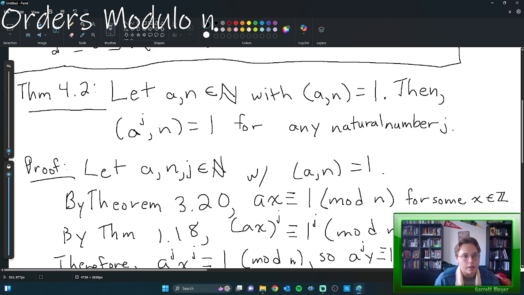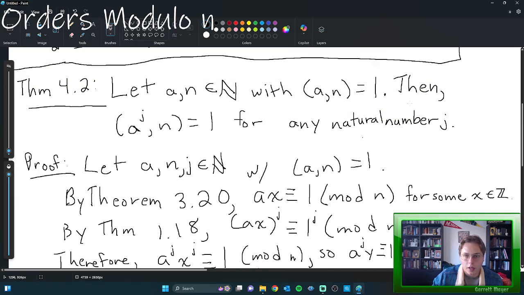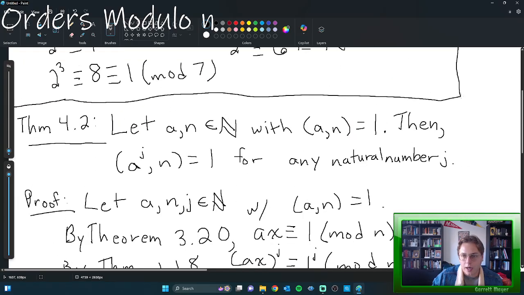It should pretty easily follow, because if two numbers don't have a common factor to begin with, just creating more powers is not going to create a prime number in that prime factorization that would be necessary for there to be a factor in common. And this proof also demonstrates the use of some of the theorems that we proved in the previous chapter about modular arithmetic.